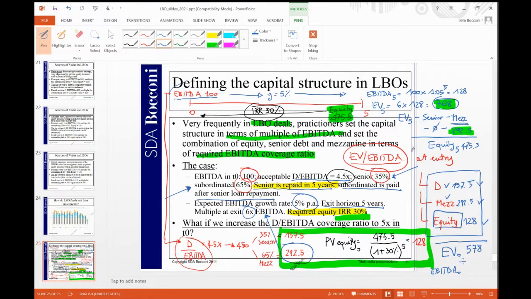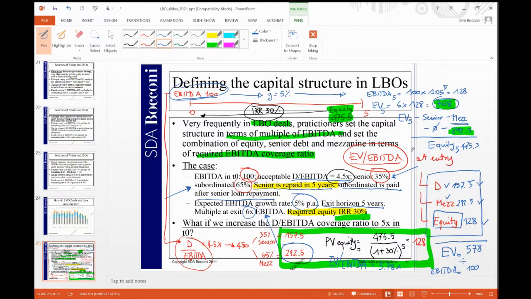Do you remember? The starting point of our calculation was 100. We have an enterprise value over EBITDA paid today for this company of 5.78 times.